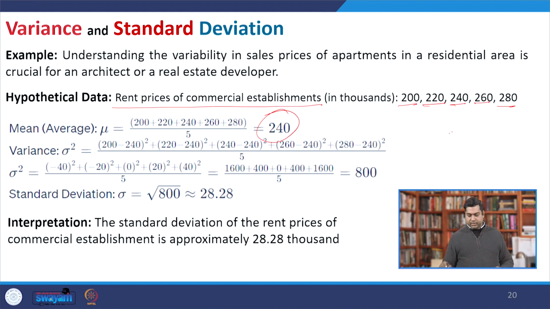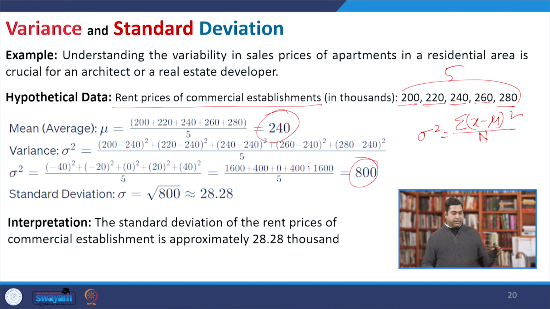For your reference I am writing it once again. The formula was x minus mu square, that is the square difference, divided by n. Here n is nothing but 5. Altogether it is going to give you 800 as variance, and the square root of that is 28.28, which is the standard deviation.